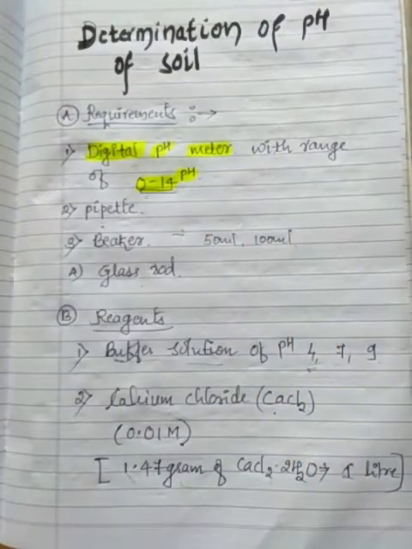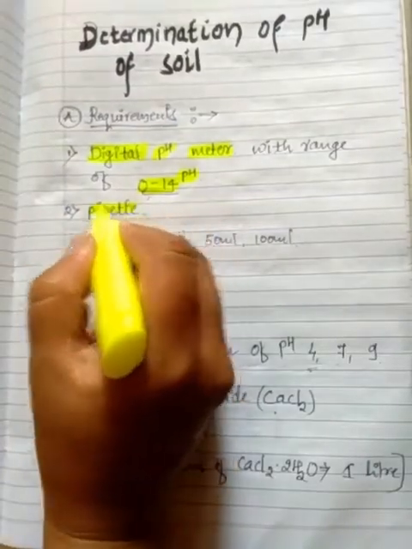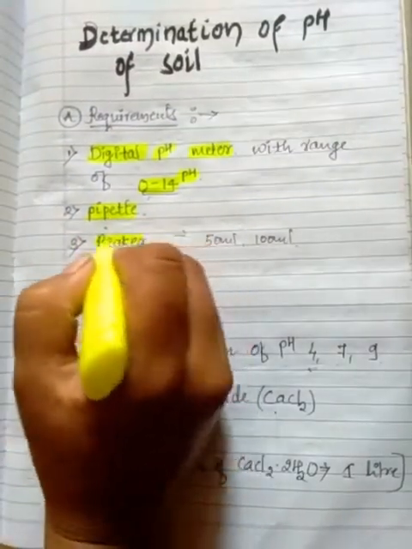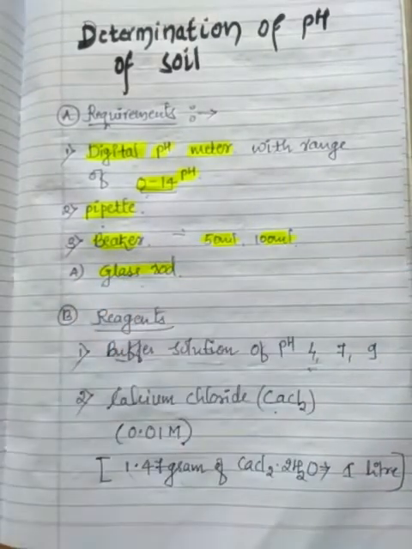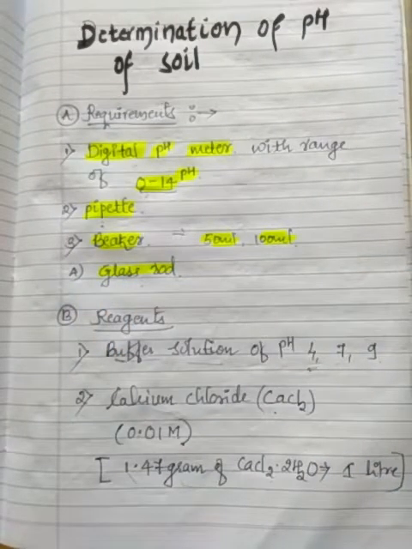Next, you are already familiar with the pipette. Next, the beaker you already know, maybe of 50 ml or 100 ml, and lastly a glass rod. These are the requirements we need for our practical, determination of pH of soil.